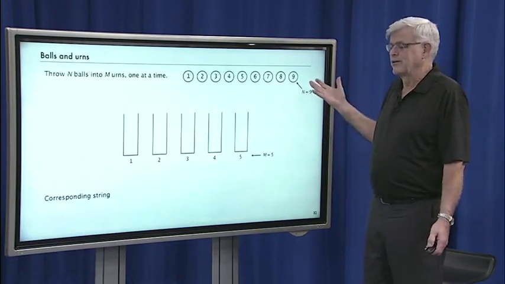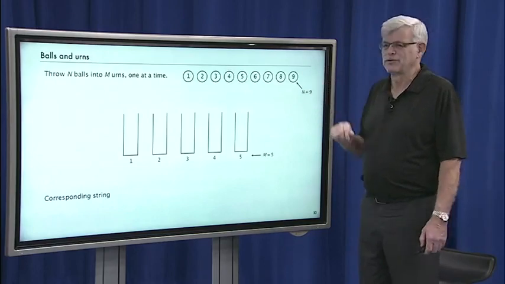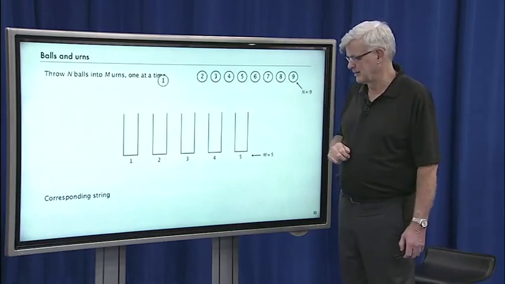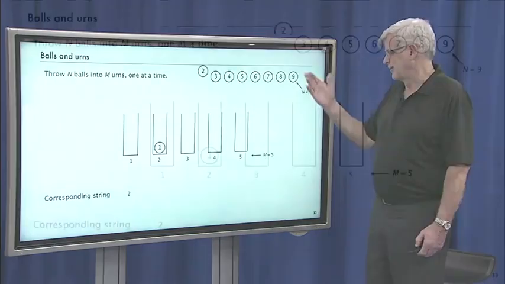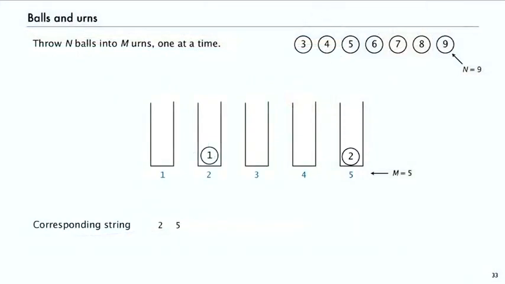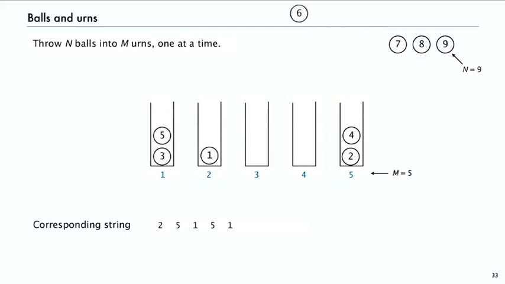So another way to look at the same thing is a balls and urn model, which is classical in combinatorics. If we have n labeled balls and we throw them into m urns, you can think of when ball i goes into urn j, that means the ith character in the string is j. So when 5 goes into urn 1, then we just write a 1 in the string.